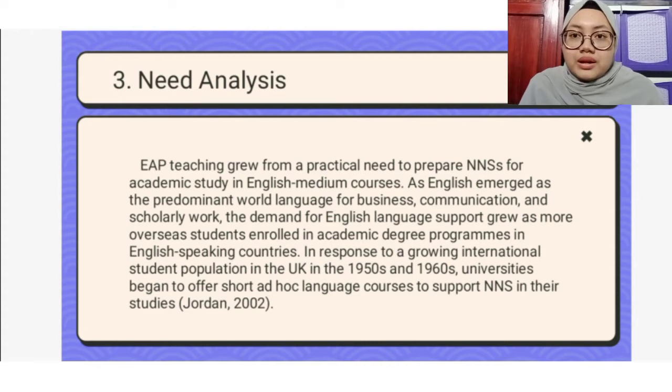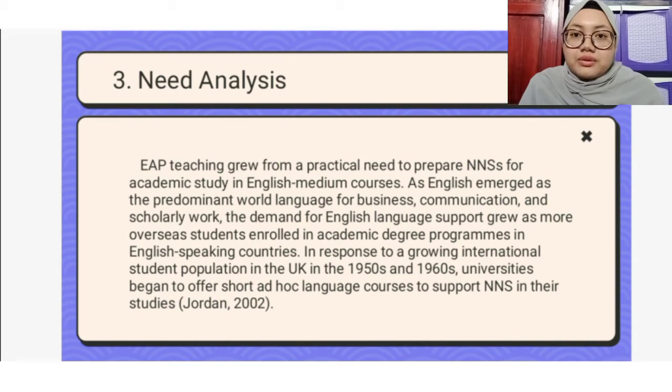It soon became apparent that general English teaching would not adequately prepare NNS to use language effectively in discipline-specific academic contexts. As Flowerdew and Peacock write, what was needed was an approach to language teaching which was based on description of the language as it was used in the specific target situation.